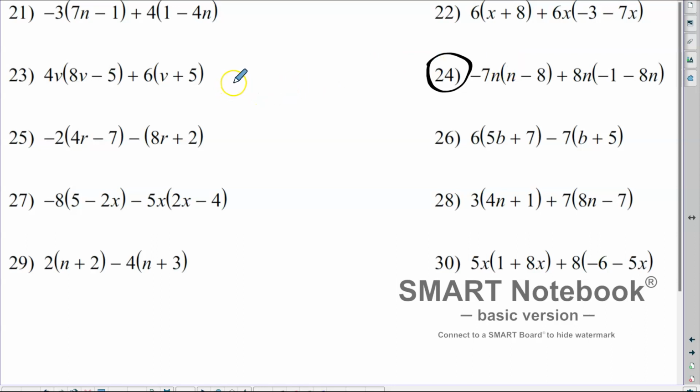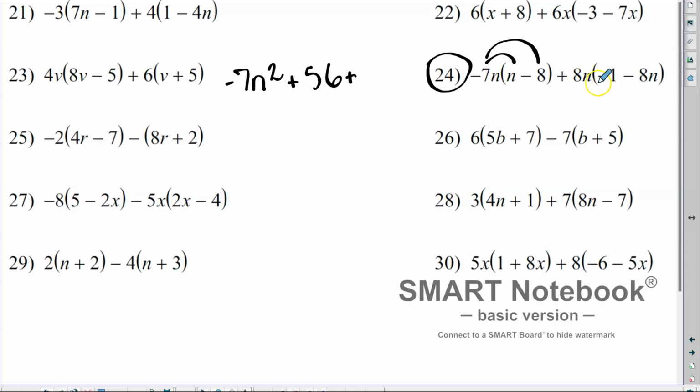So now we're going to go this whole term, negative 7n times n, okay? We've got, all right, we distributed that. Now we're going to go in here and distribute. So that gives us negative 7 times minus 8 is positive 56n. Okay. Then we have a plus, and we have 8n.